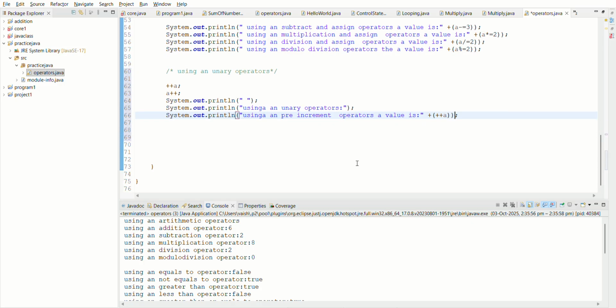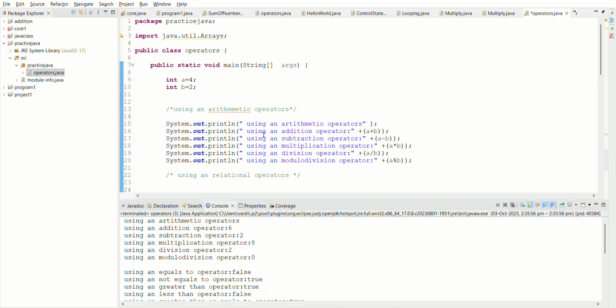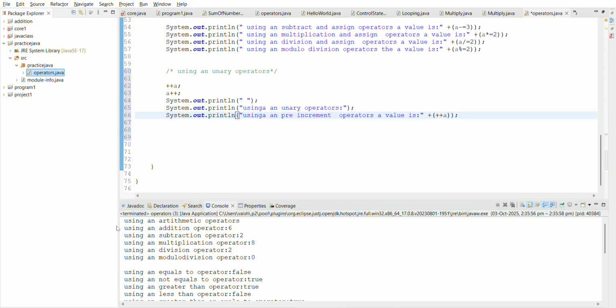This is a pre-increment. So what is our a value? 4. So 4 plus 1, we get the output here 5. This is the pre-increment operator.